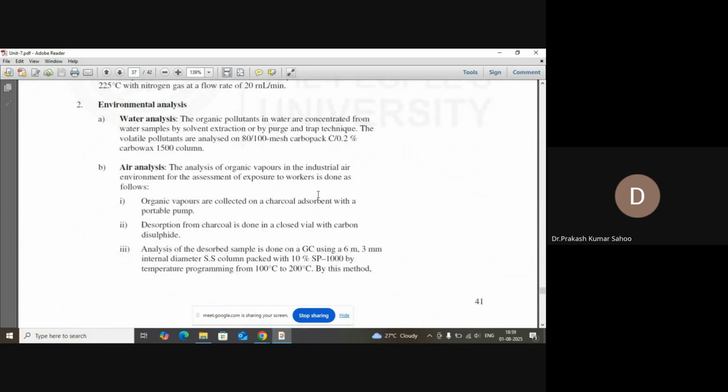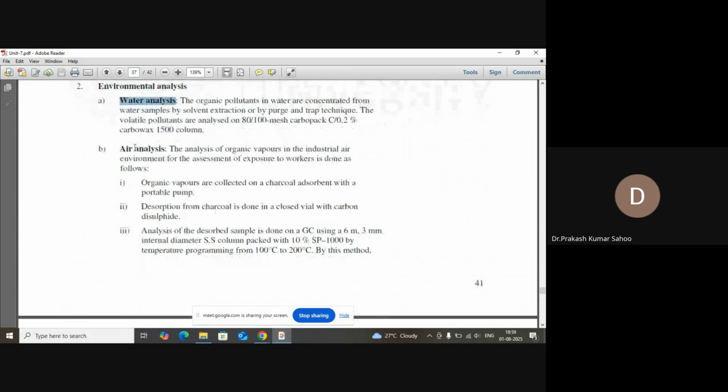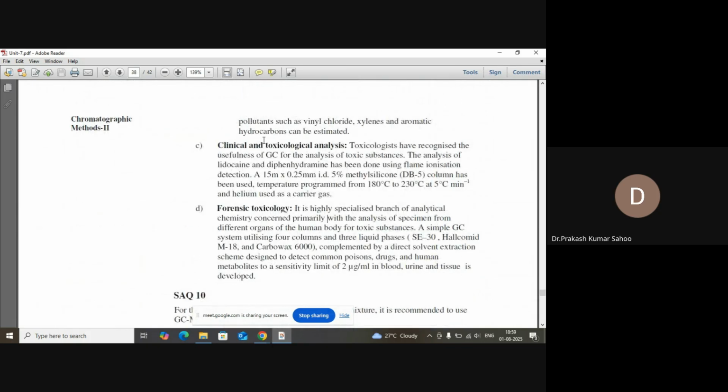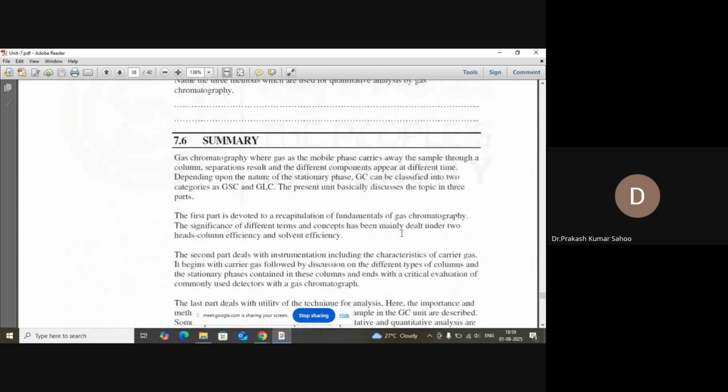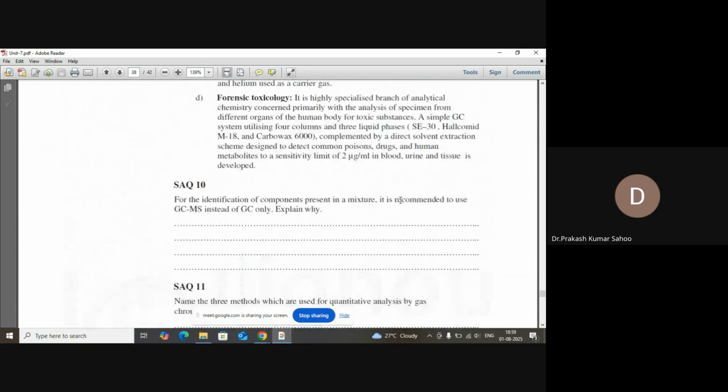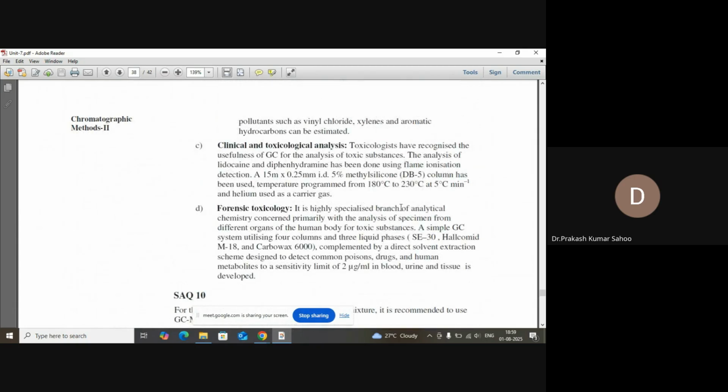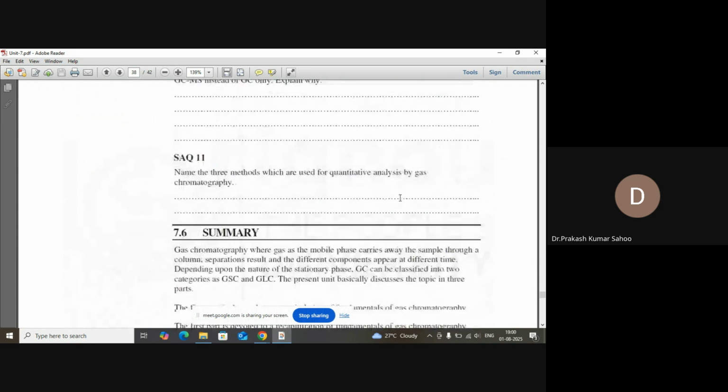We have environmental analysis, such as water analysis and air analysis, chemical and toxicological analysis. Forensic science also uses the gas chromatography method to separate blood samples, urine samples, or in crime investigations.